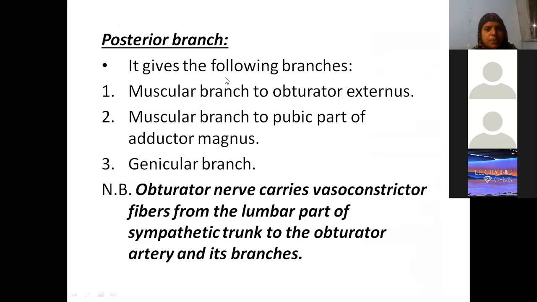See, it is posterior: obturator externus, adductor magnus. Genicular branch, that means it is going and supplying joints also. So the obturator nerve carries vasoconstrictor fibers from the lumbar part of the sympathetic trunk, to which artery? Obturator artery.